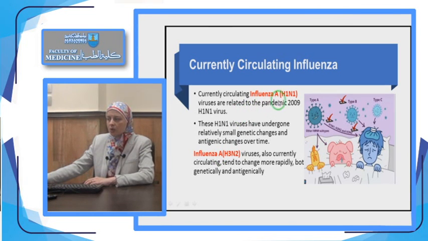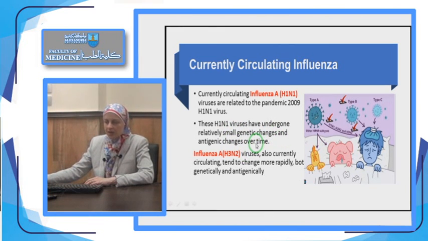The H1N1 belongs, of course, to the pandemic strain of 2009, and it has undergone small genetic changes over time. The H3N2 viruses, the other currently circulating strain, undergo antigenic changes more rapidly, both antigenically and genetically. So the currently found strains are H1N1, H3N2, and type B strains.